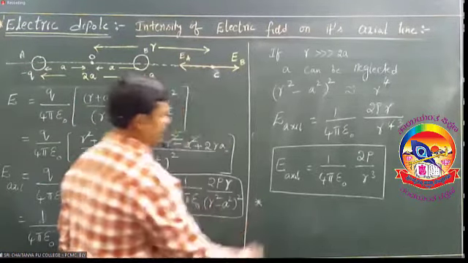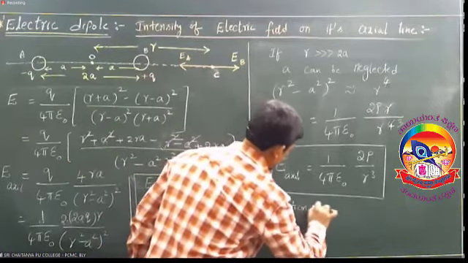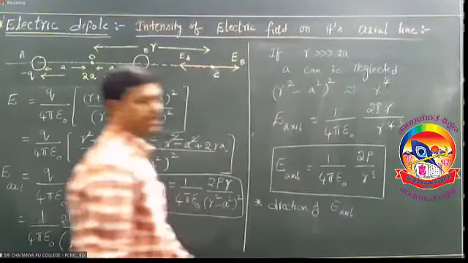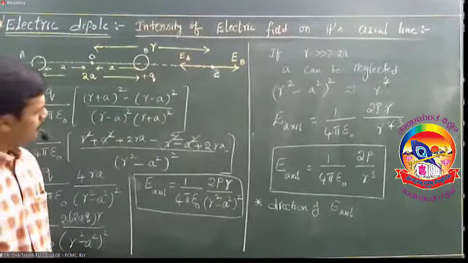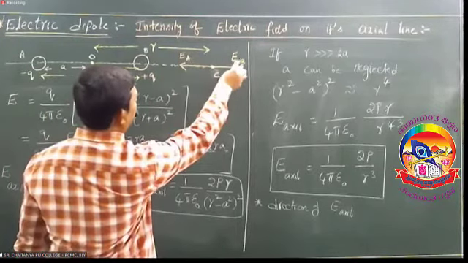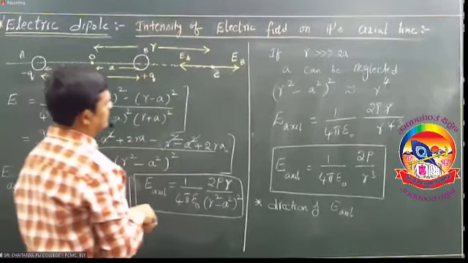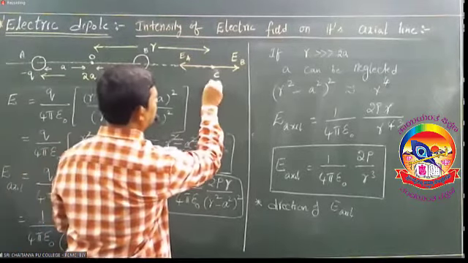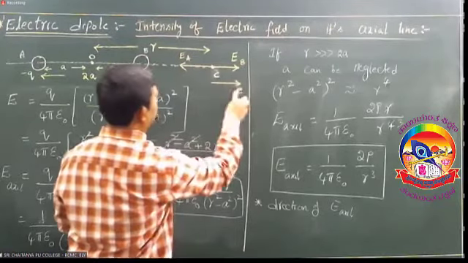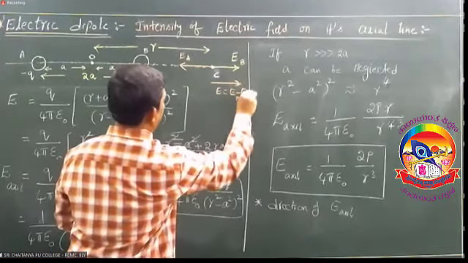Direction of E axial. See here, EA, EB: if EB is greater, its resultant is along this direction. So E is along this direction. EB minus EA.